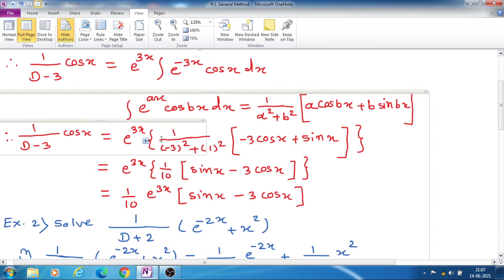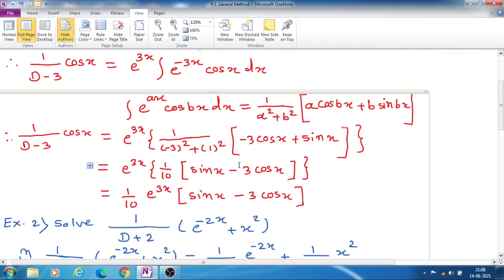So now in our above step, 1 upon D minus 3 cos x is equal to e raised to 3x into the integral. By using this formula, the value of this integral is 1 upon a square plus b square, where a is equal to minus 3 and b is equal to 1. Here e raised to minus 3x means a is equal to minus 3, and cos x means cos bx with b equal to 1.